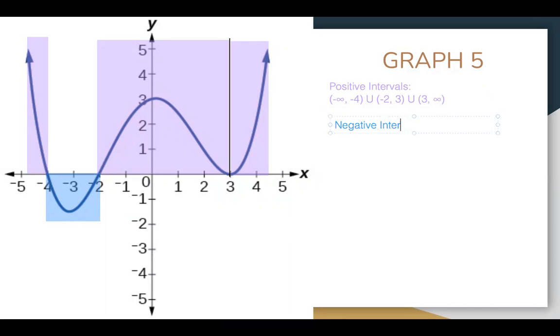Negative intervals is just from negative 4 to negative 2. And here are those numbers on that graph. Negative 4 to negative 2 for our negative interval. Negative 2 to 3 for one of our positives. And then the infinities.